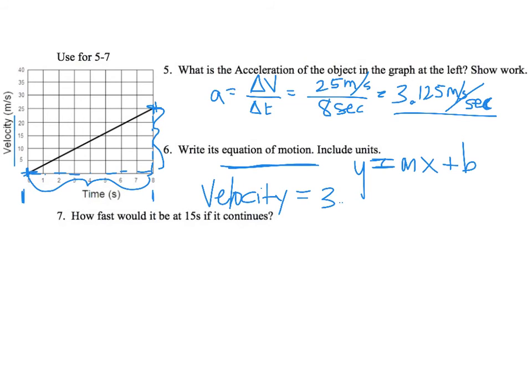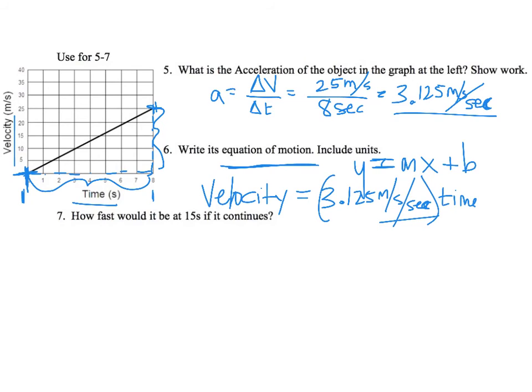I'm going to put parentheses, 3.125 meters per second for every second, parentheses. That's a C. And what's the x variable? Time. Time goes in right here. What's the y-intercept? Nothing, because it crosses at the 0. So we don't have a y-intercept. There's your equation, including units, right there.